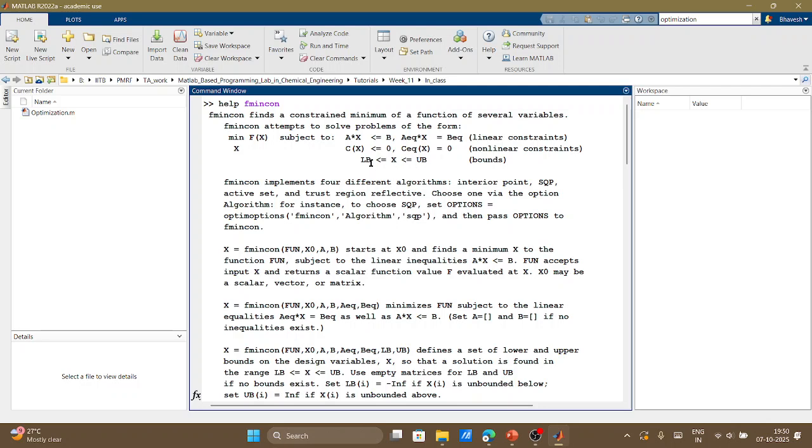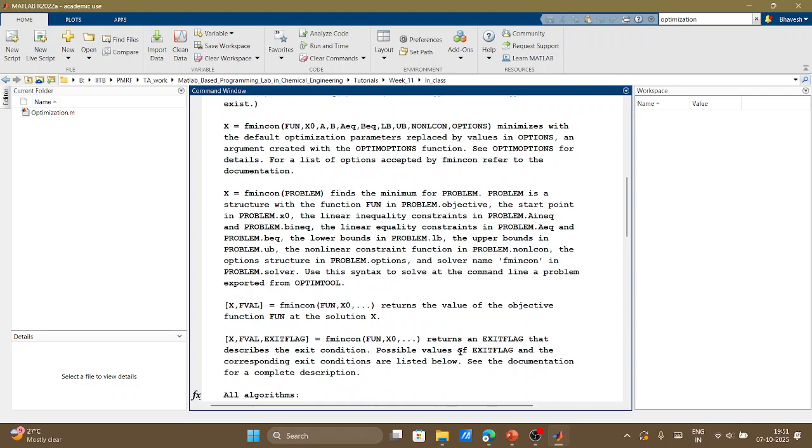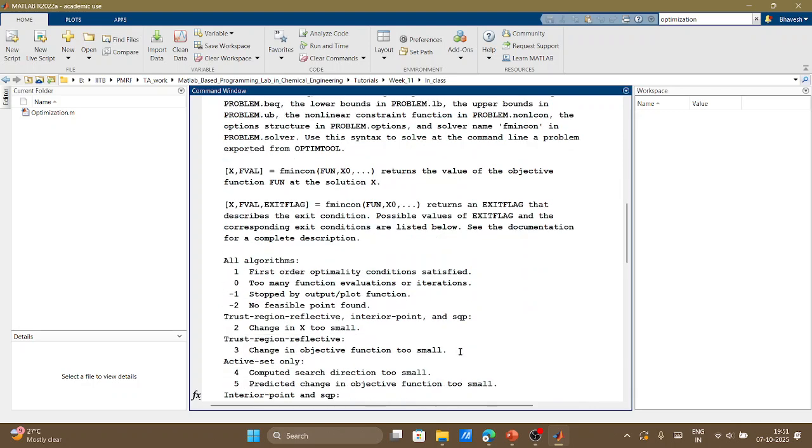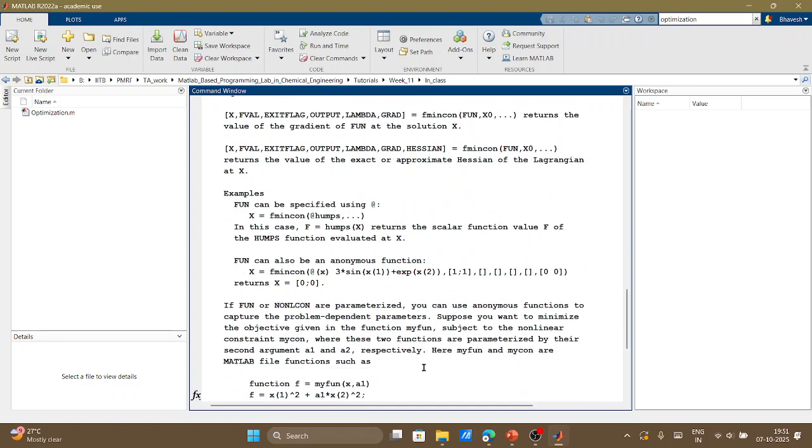Okay, now bounds. Bounds on x1 and x2 we have to provide at both ends, right? But I don't have bounds on both ends for x1 and x2. Rather, I have a bound on one end for x1 and a bound on the other end for x2. So in that case, what to do? Can you think something about this?